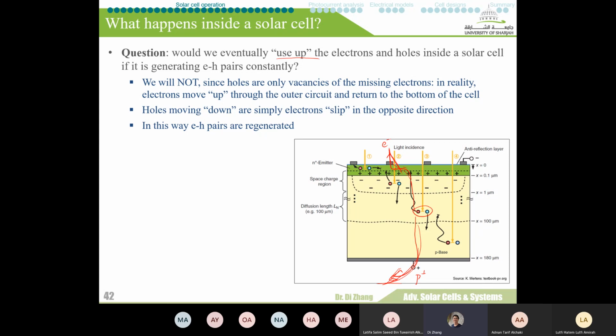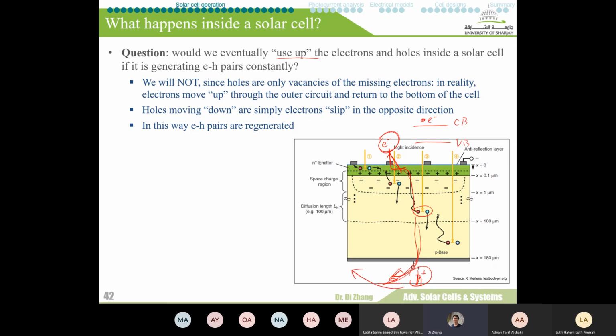Okay, the answer obviously is that we are not going to deplete the holes and the electrons, because remember, holes and electrons, these two concepts, are just invented to talk about the movement of the electrons. So what are electrons essentially? Electrons are the free electrons in the conduction band. And what are holes?